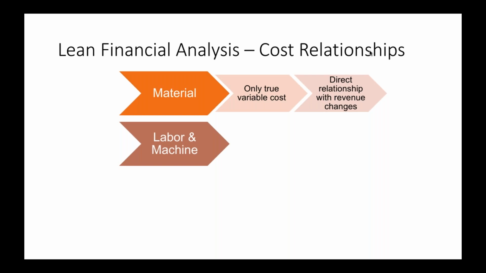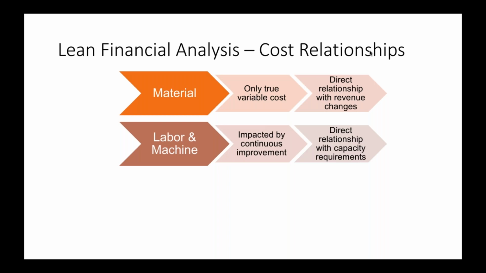Your labor costs and your machine costs are impacted by continuous improvement. And the relationship between the value stream income statement and your cost is your capacity. If you need more capacity in your resources, people or machines, your costs will go up.